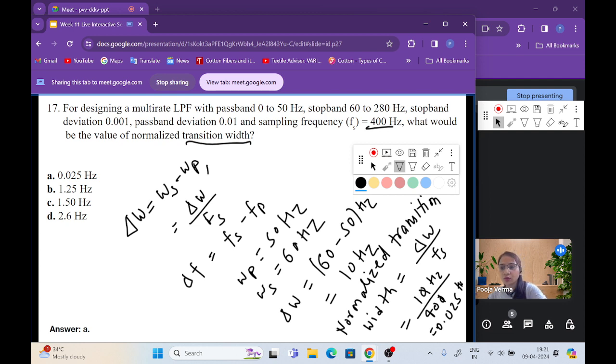So the correct answer is 0.025, option A. The normalized transition width is 0.025. I hope all of you got this question. So can we move to the next question?